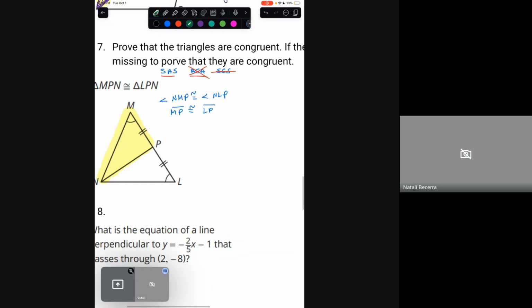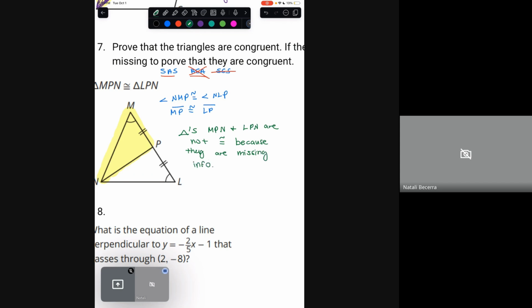So triangles MPN and LPN are not congruent because they are missing information.